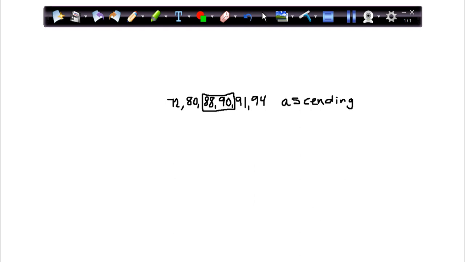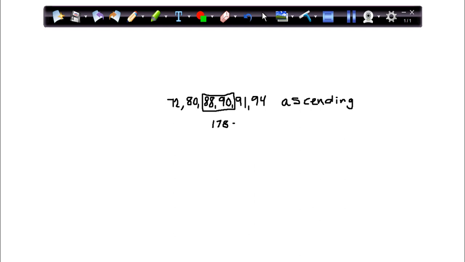So take the 2 middle numbers, add those together and divide by 2. So 88 plus 90, what they did in your book, what is it? 178. Put it in your calculator. And then you're going to go 178 divided by 2, right?